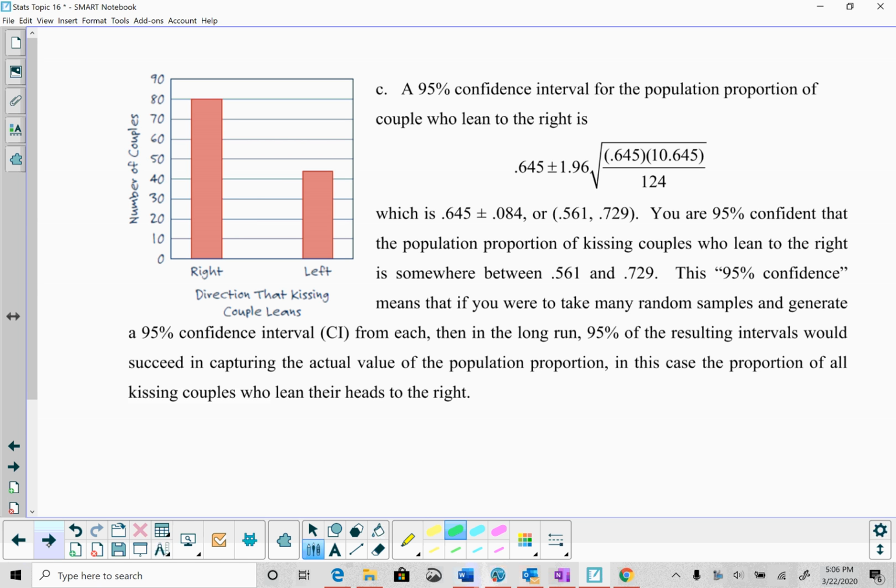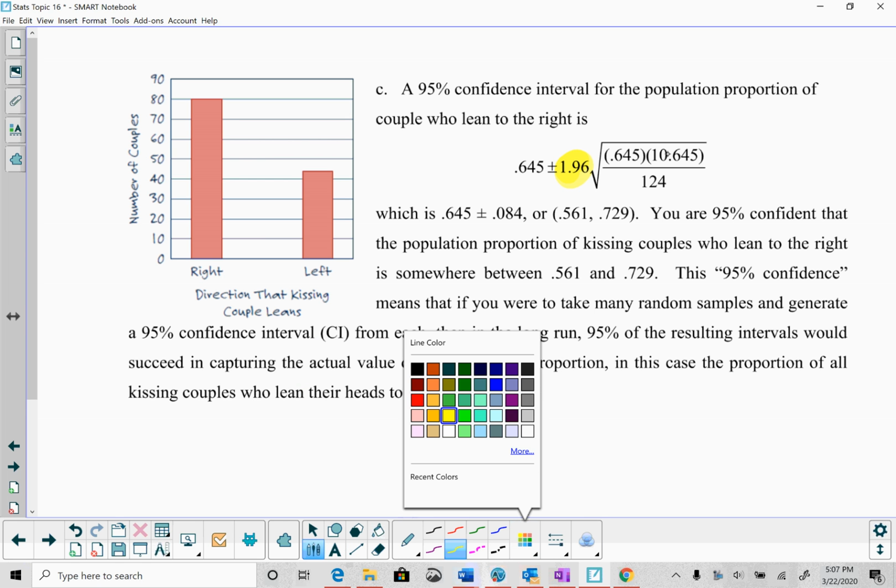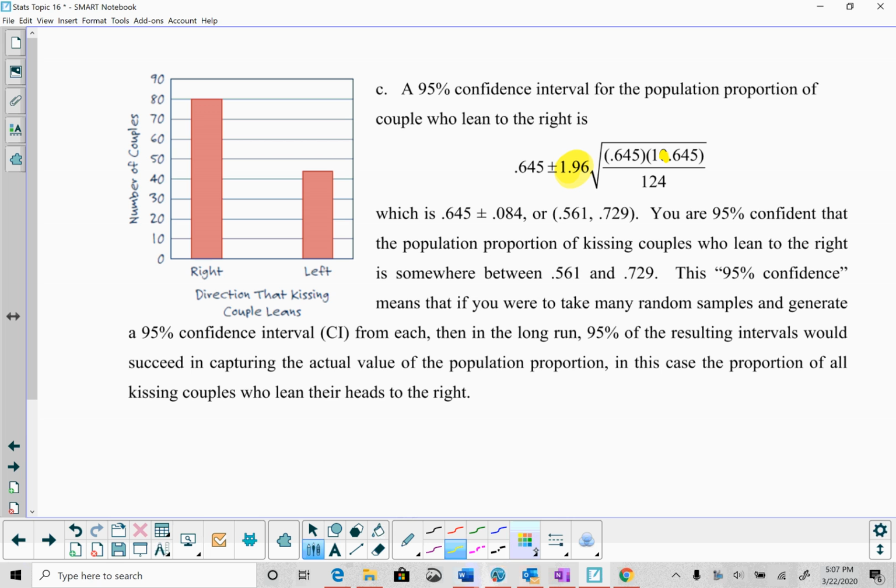Determine and interpret a 95% confidence interval for the population proportion. All right, so 95%, hopefully, again, we're getting used to seeing the 1.96 as our z star value. So we get the 0.645 from the information in the book. And our complement here, that's a terrible typo, isn't it? Let me see if I can patch this up for you now quickly.